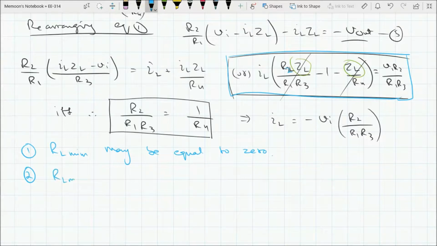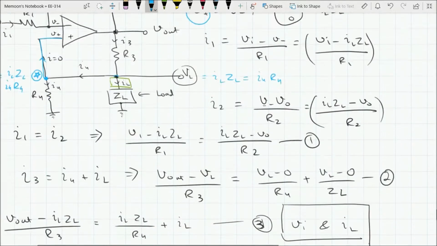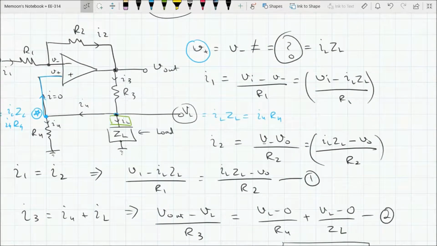So RL maximum has a certain limitation, and that is defined by this expression: (R4 plus R5) into V saturation over I maximum, minus R3, over R3 plus R4 plus R5. You can see that in our circuit there is no R5.